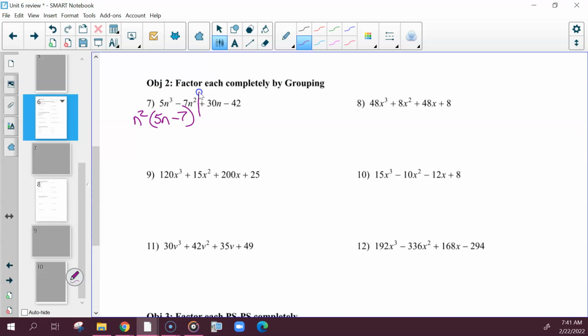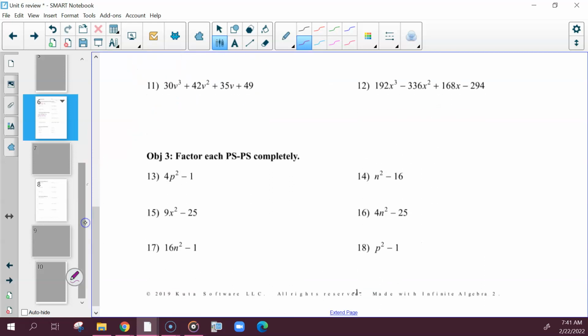And it would be plus 6, bring down whatever the sign is. What would be left? 5 and minus 7. And then what are your 2 factors? N squared plus 6 and 5 and minus 7. Okay. That's it for grouping.